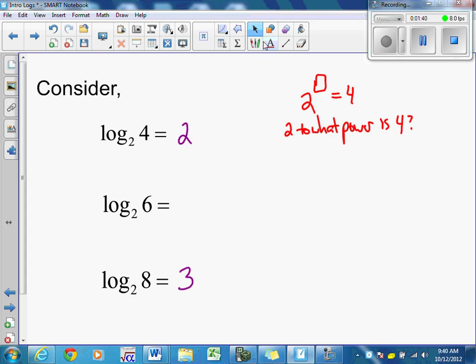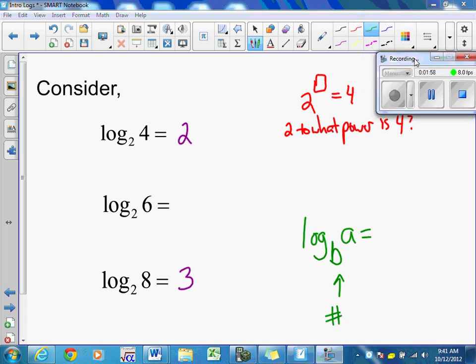When we look at logarithms, you can have log base b of some number, we'll call it a, and this b can be any number as long as it's positive.